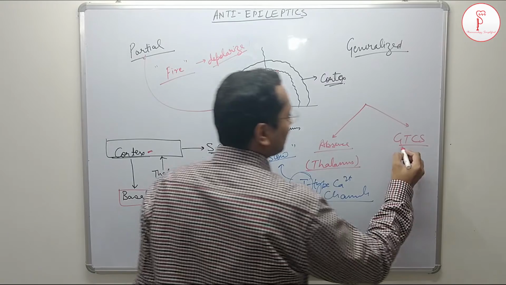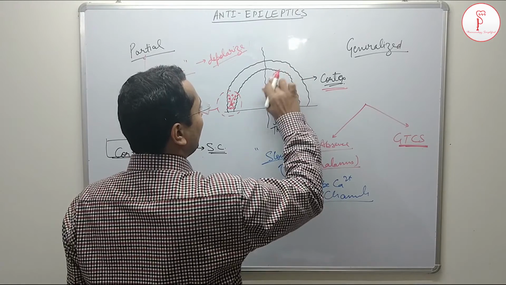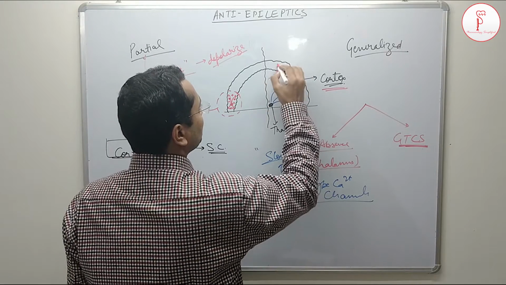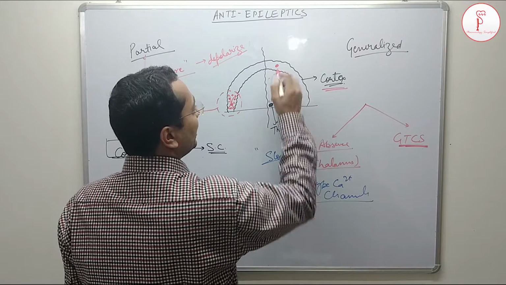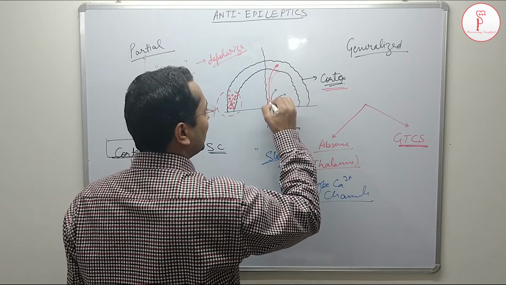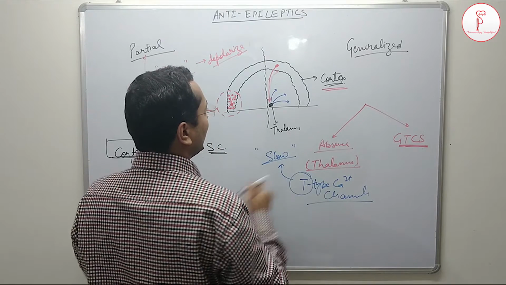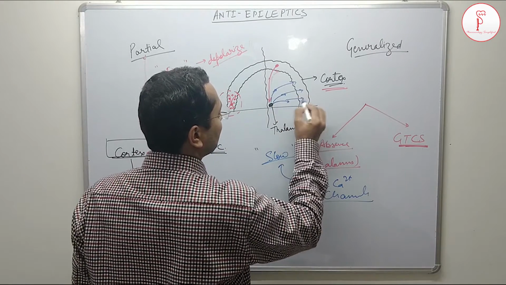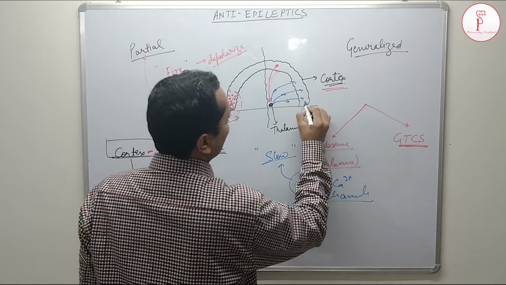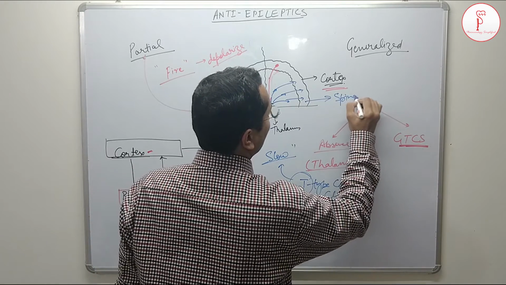And in the GTCS, what is happening? The signal will arise in the cortex, right? The center would be cortex. The cortex will send signals to the thalamus. Thalamus will now send these signals to the cortex again. Again, these signals will be sent to the cortex, and from the cortex, they will go to the spinal cord.